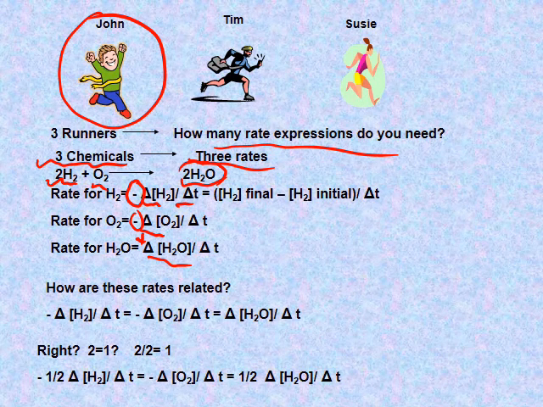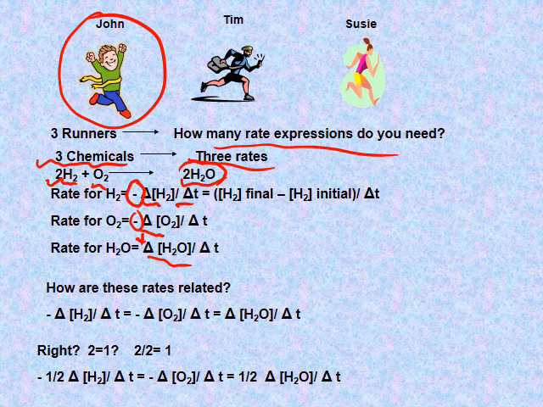Product concentration always goes up as the reaction happens, and reactant concentration goes down. So for reactants we assign a negative sign, and for products it is a positive sign.